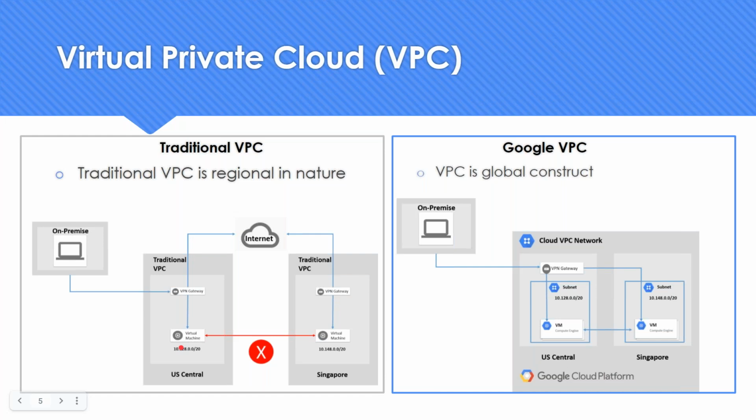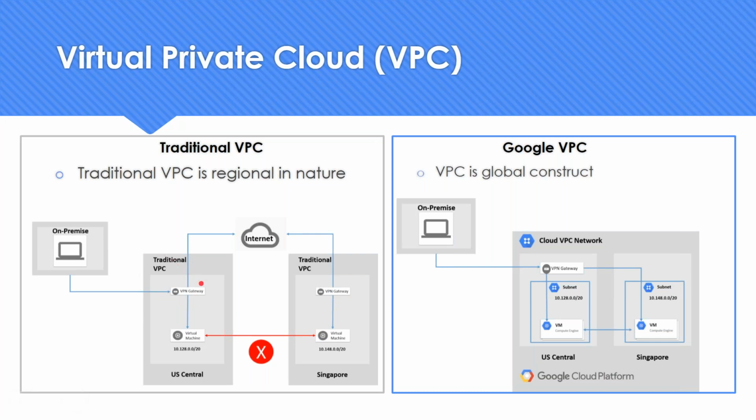They cannot use the internal IP address, the RFC 1918 standard. The reason is the VPCs, which are usually created by most of the other cloud providers, are regional in nature. The VPC is specific to that region. That's it. From the outside world, if you were to connect to it, you definitely have to use some kind of VPN, virtual private network.